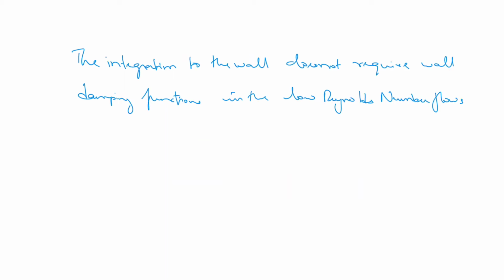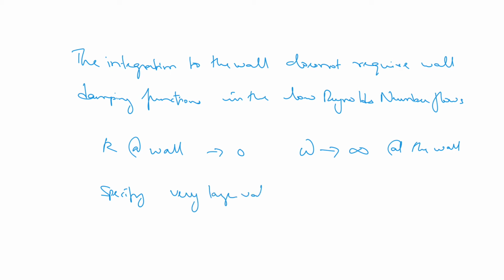We should note that the integration to the wall does not require any wall damping functions in the low Reynolds number flows. The turbulent kinetic energy at wall is 0, which can result in omega towards infinity at the wall, which is not possible. So what we can do is specify a very large value of omega at the wall.